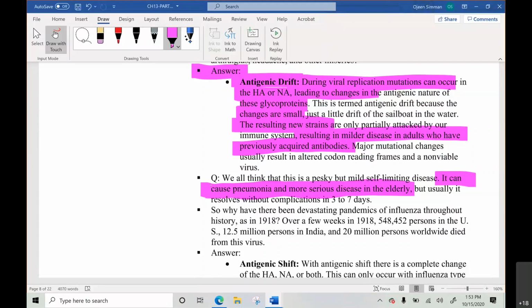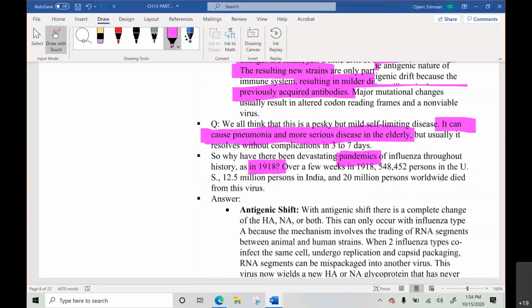Now, we all know about pandemics. We have probably heard of the pandemic of influenza of 1918. Basically, over a few weeks in 1918, about 500,000 people in the U.S. died. 12.5 million in India died from it.